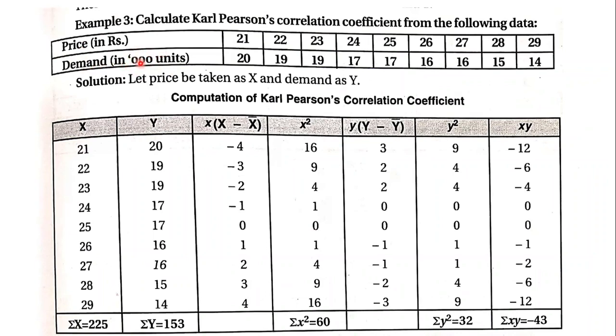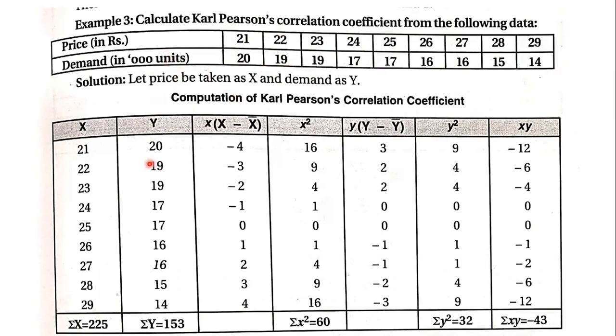So price is 21, 22, until 29, and then the demand in 1000 units goes from 20 to 14. Now if you see, the price is increasing, but the demand is decreasing here.